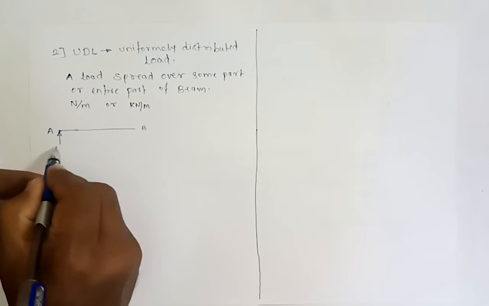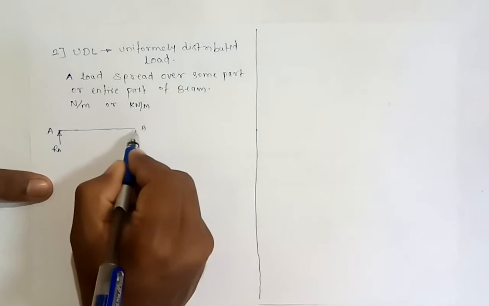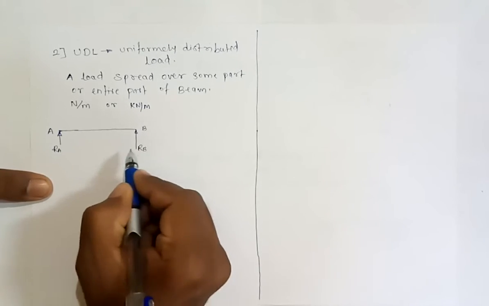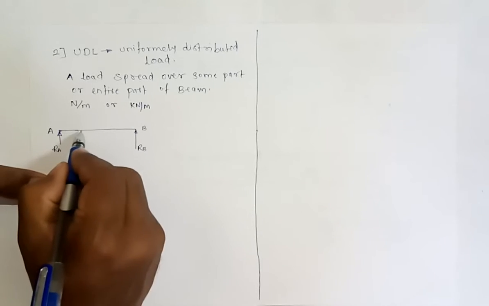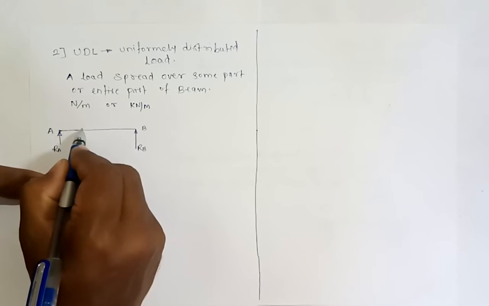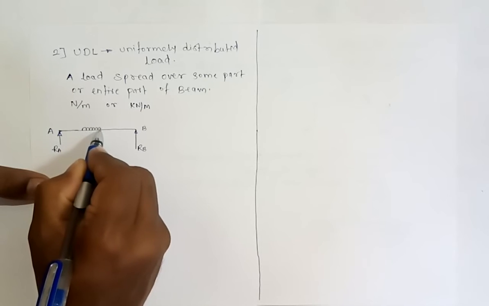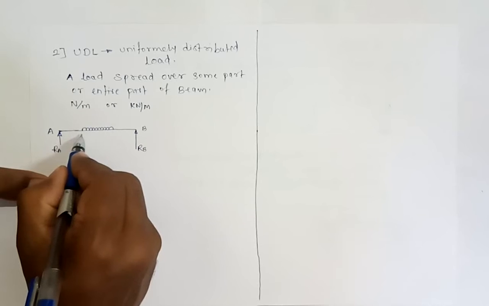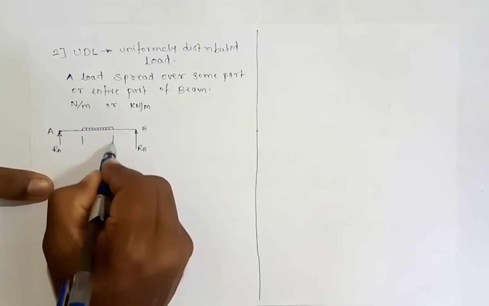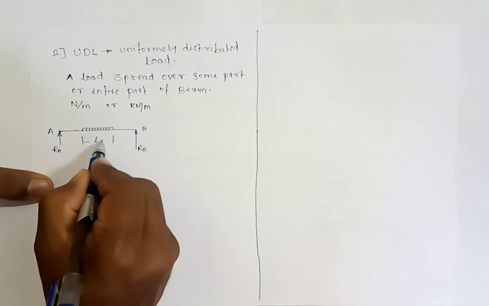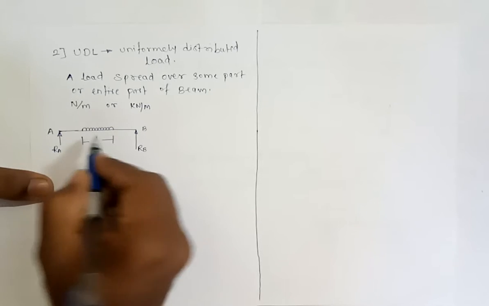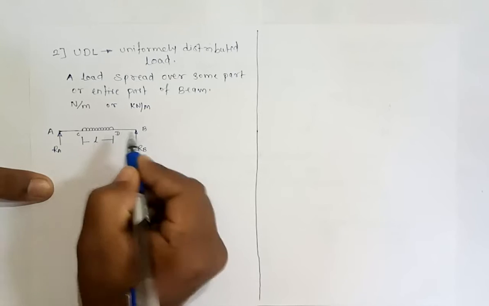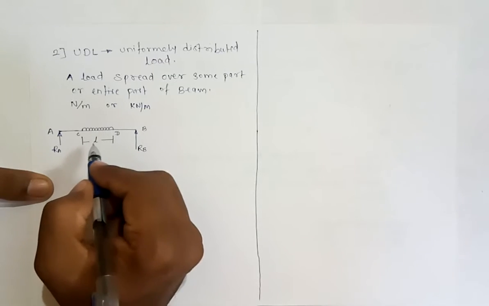Let us have one reaction RA at this point and reaction RB at point B. Let us show some UDL over the beam that is acting over some portion of the beam. You can see that the UDL is acting for length small l. Let us assume that this point is C and this point is D. So UDL is acting between C and D.